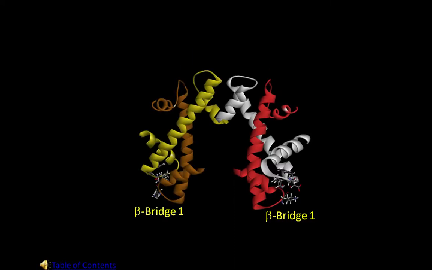Now let's look at the beta bridges at the bottom of the slide, namely beta bridge 1, so named because it is adjacent to helix 1. The interactions at this end of the structure are a bit more interesting because they include not just hydrophobic but also ionic bonds. In order to see the latter, we're going to have to rotate the structure.